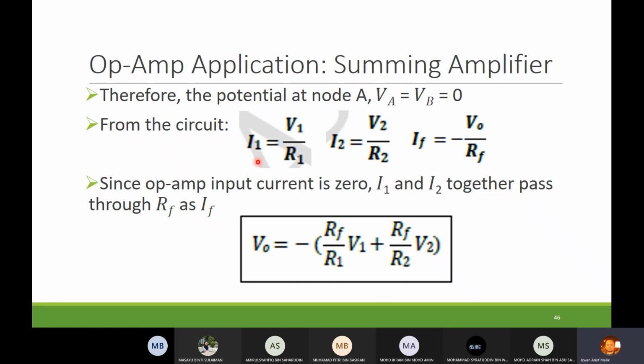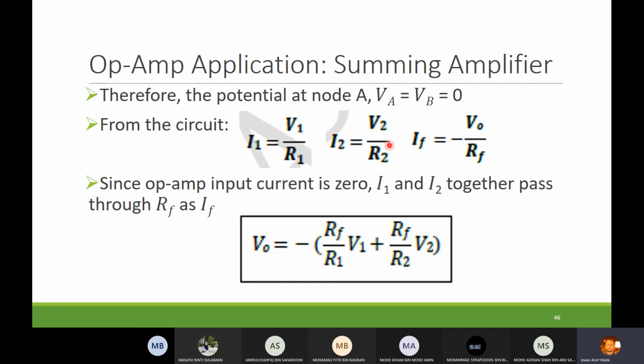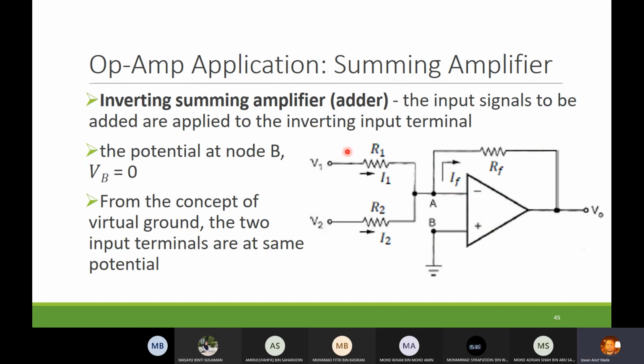So from the circuit, we obtain that I1 equivalent to V1 over R1, I2 equals V2 over R2, IF equals negative V0 over RF. So kita boleh dapat dari sini lah. So kita dah dapat nilai I ni, kita boleh guna Kirchhoff's law lah, VIR tu kan.